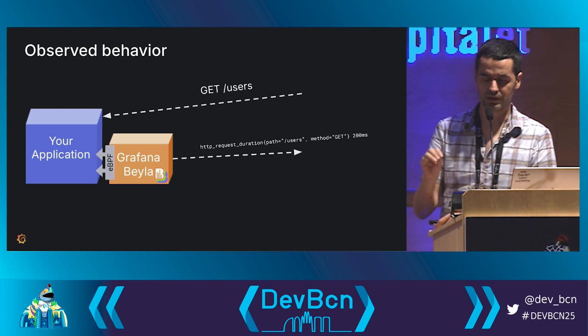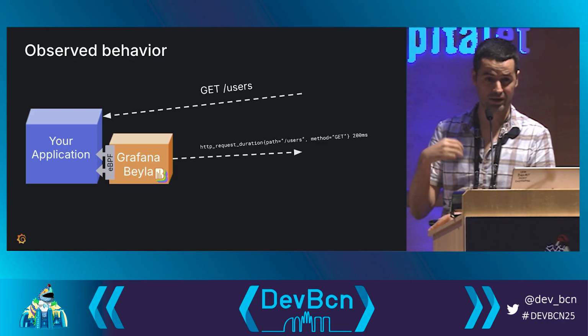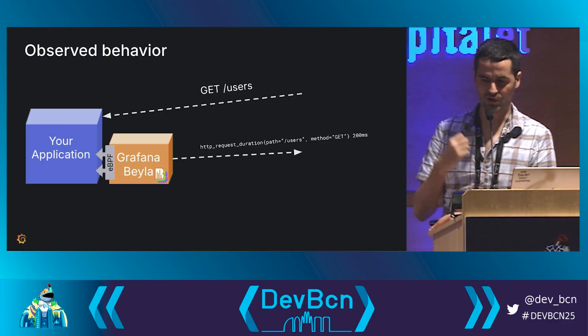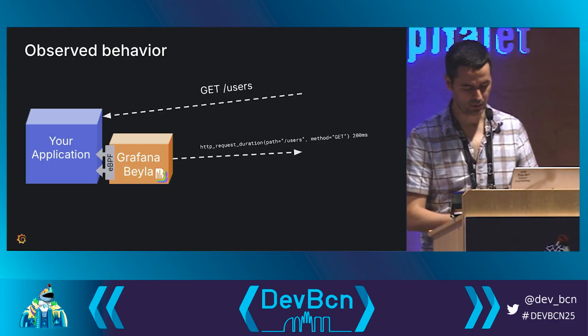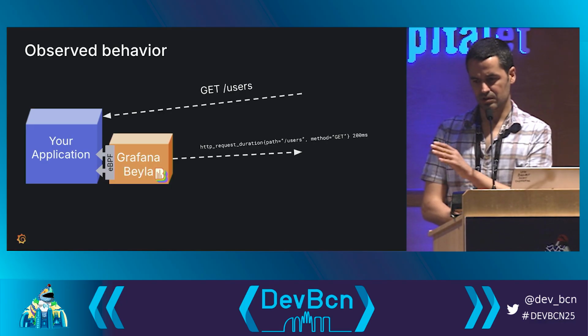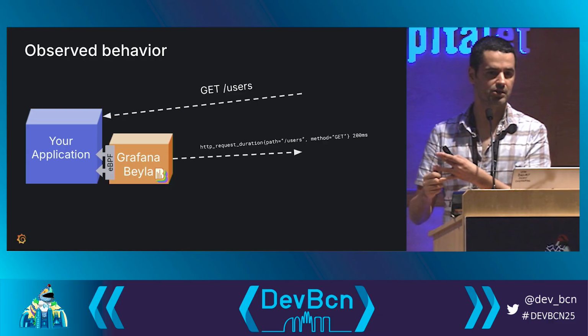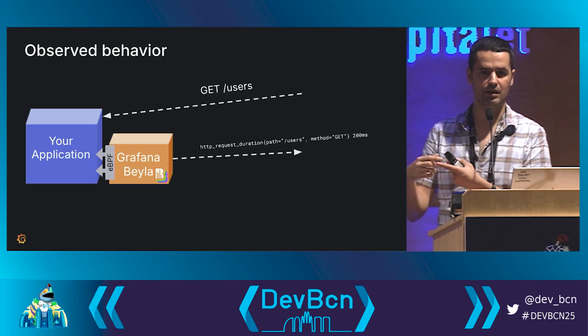The good part, the special part here, is that this data is not reported by your application or by any library in your application, but by an external application that is able to listen, or to peep, at what's going on in your application or the kernel. Usually this kind of metrics and traces for HTTP, Beyla supports HTTP, gRPC, SQL, Kafka.